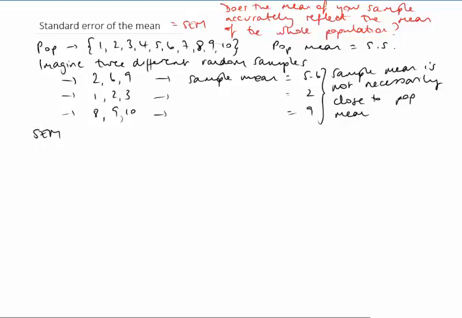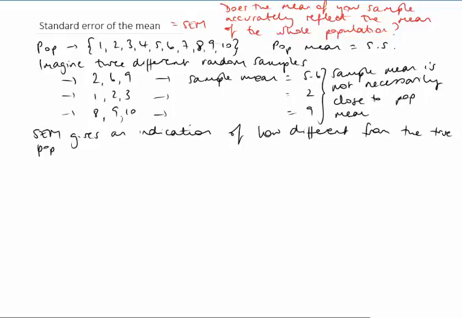So the standard error of the mean gives an indication of how different from the true population mean you might expect sample means to be.